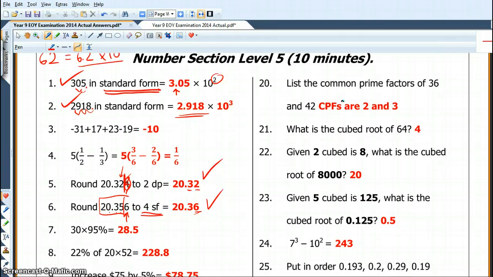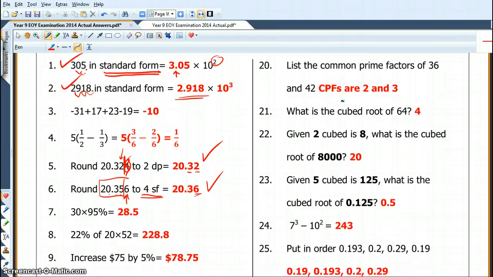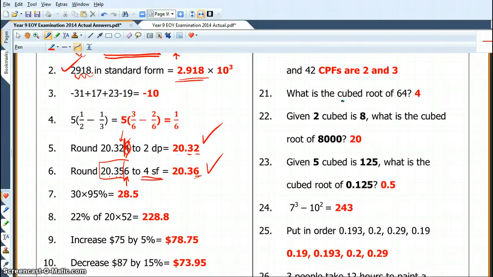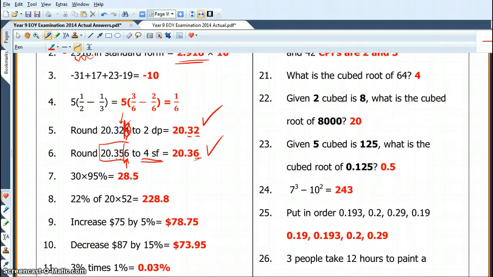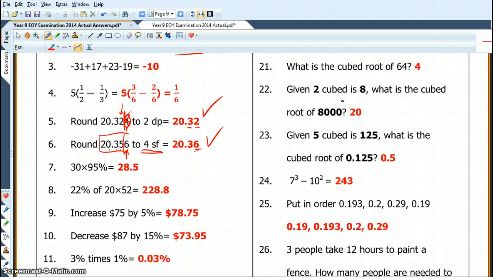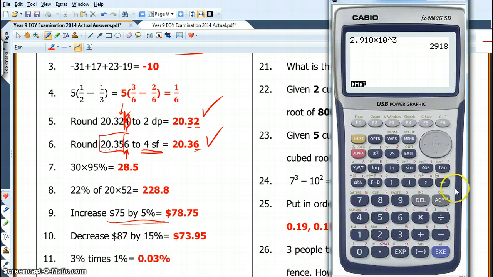Is there any other questions on number? Like, do you need to know how you do this? Do you want to see how that happens? Yeah? So it says increase by 5%.